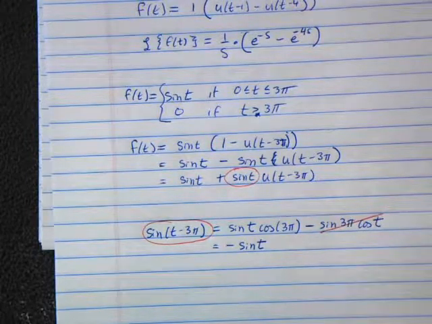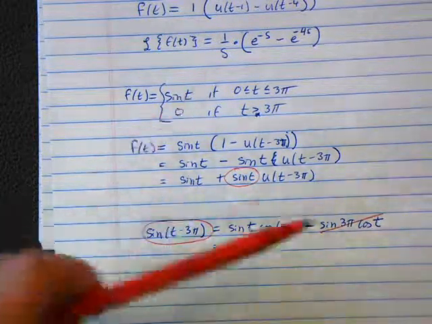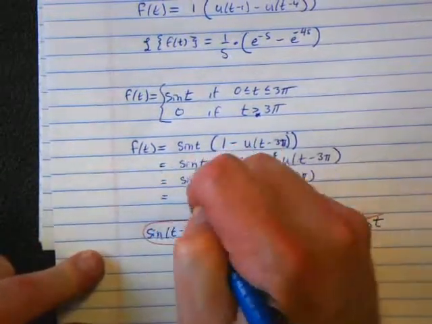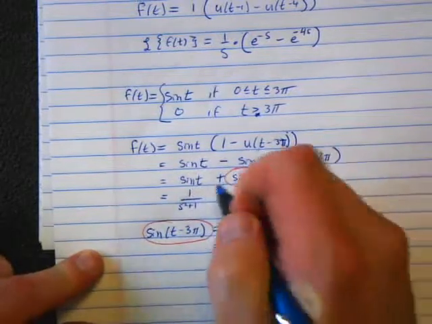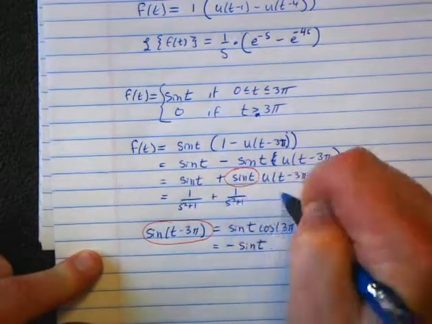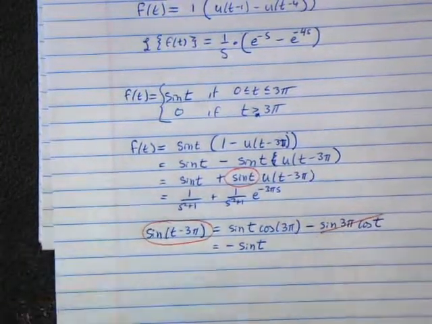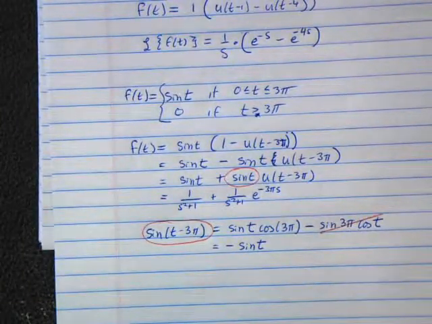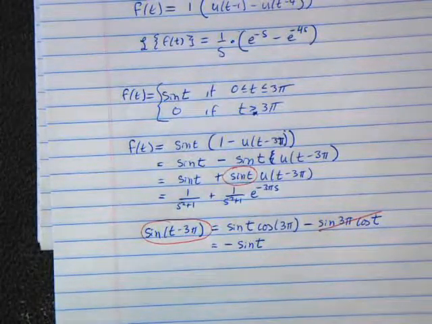Okay, but that's the tricky thing. You're looking up your answer in the back of the book, so you don't think about that, and you write that this one is 1 over s squared plus 1, and this one's 1 over s squared plus 1 e to the minus 3 pi s. And you're looking up the answer in the back of the book, and you had a minus here, and you're wondering how did that minus change to a plus.